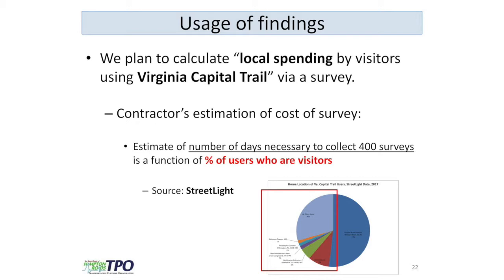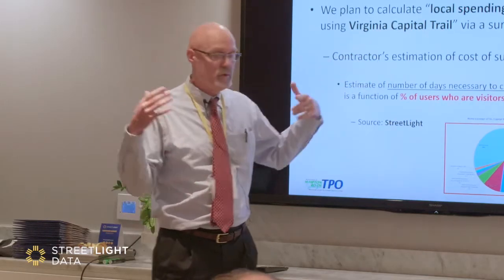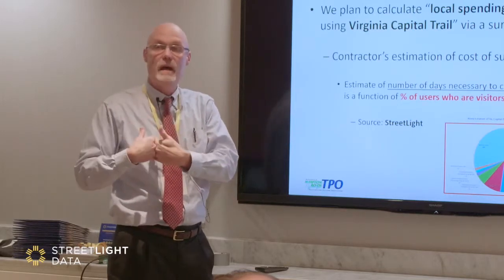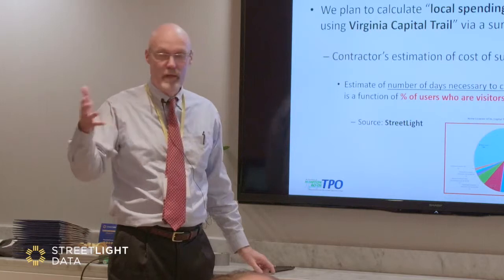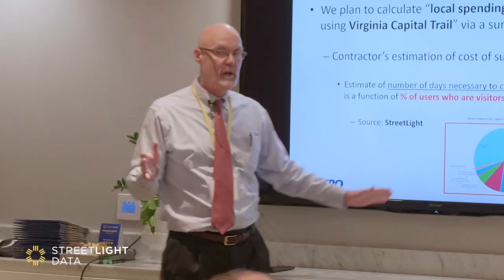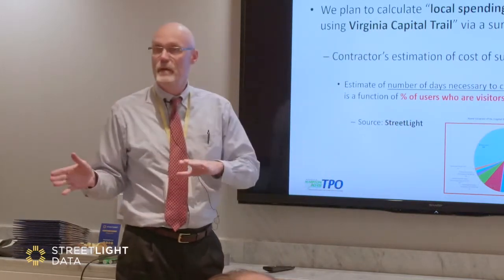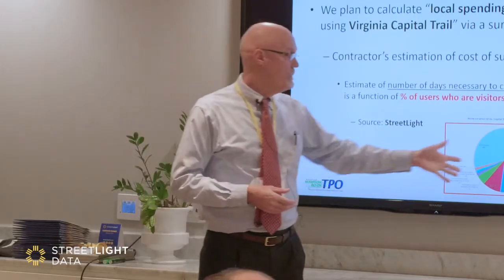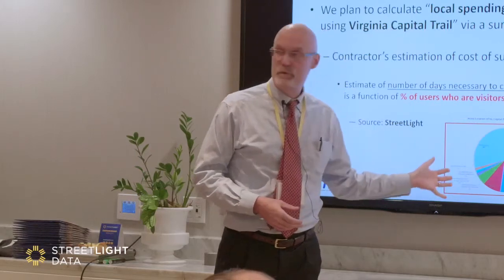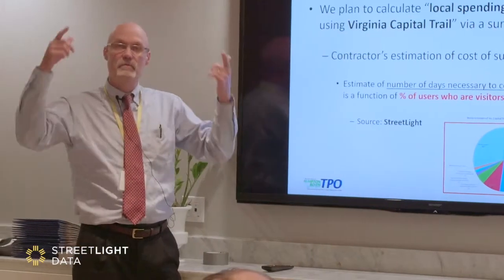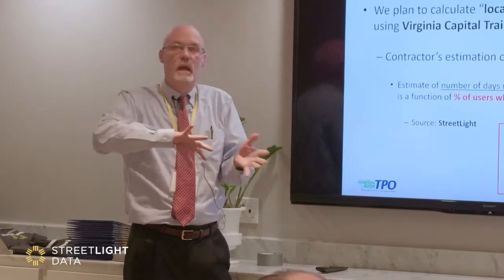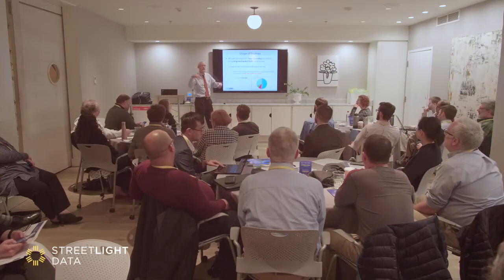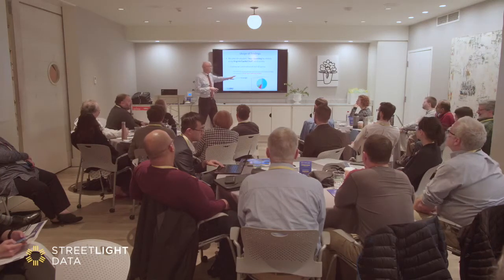So I'm talking to a contractor now to do a survey, and he's trying to figure out how long it will take him to sit out there on the trail and find people, one, that will answer his questions, but two, that are from out of town, because I'm only interested in the money spent by people from out of town, okay? So we're using the StreetLight estimate of 50% of people being from out of town. Then he can figure, okay, half of the people are not eligible for my survey, so I've got to double the amount of time I think it's going to take to collect 400 surveys.